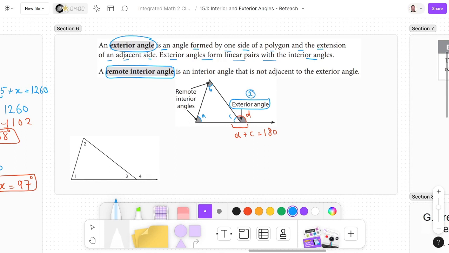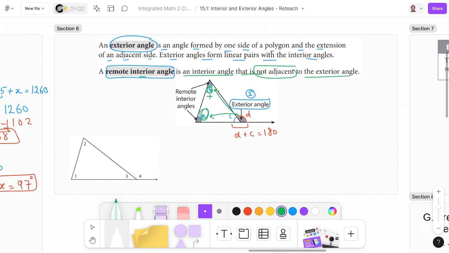D is equal to the angle B added with angle A. Always the opposite. A remote interior angle is an interior angle that is not adjacent. So B and A are not adjacent to the exterior angle.